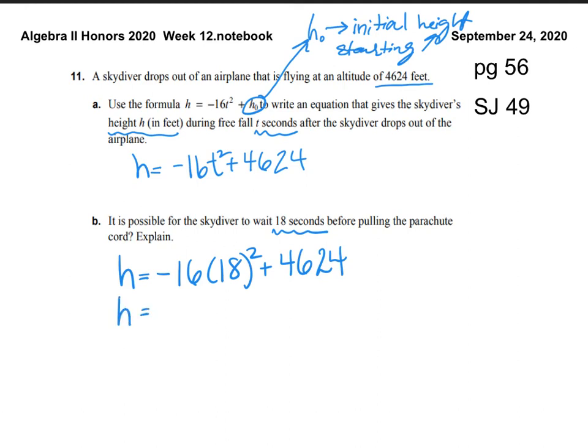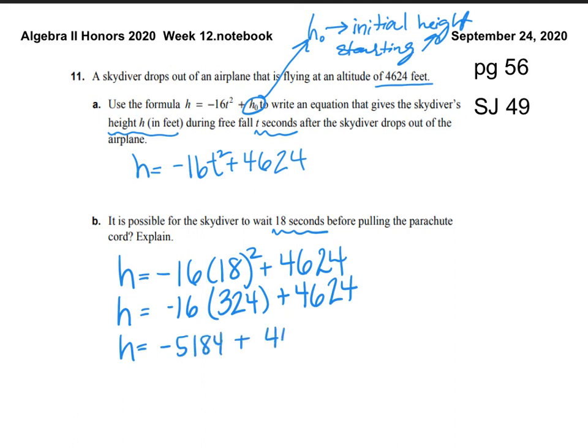Now I'm going to do order of operations. You're welcome to pause this because I know you know how to do this problem. I'm going to multiply next. -5,184. -560, and that is measured in feet.